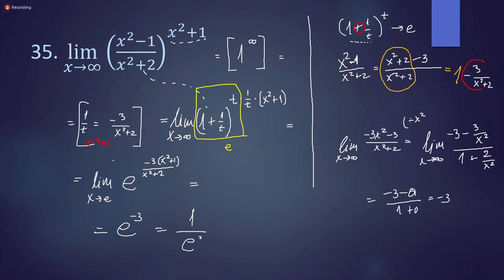So this particular limit involved, as an example for you, everything. That is, the need to transform the base, the parentheses. Then the reminder that a minus must be included in 1 over t.